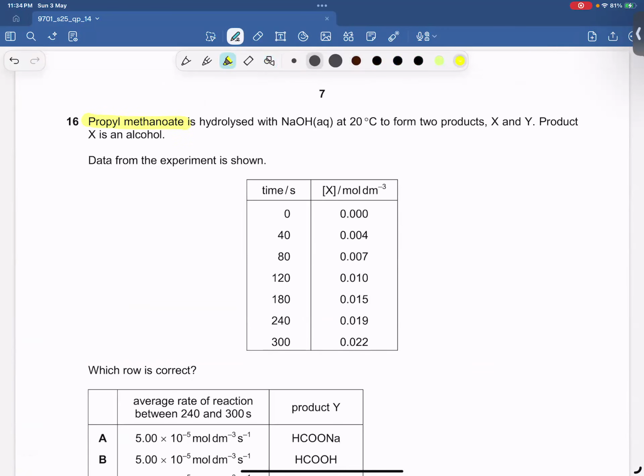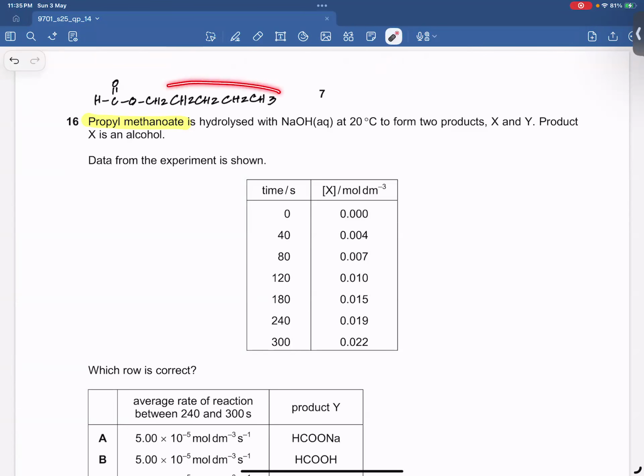Propyl methanoate is basically an ester, and its structure is this. Propyl 1, 2, 3, 4, and this one is 5.